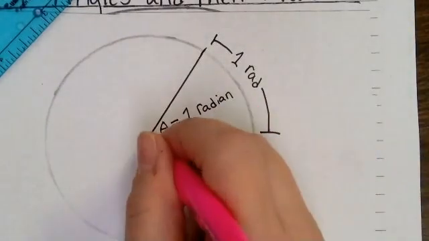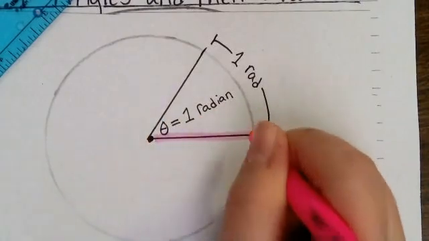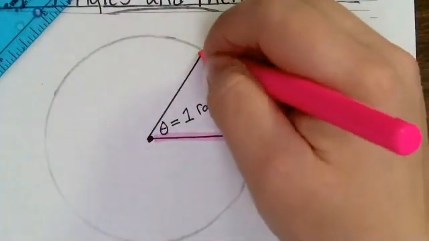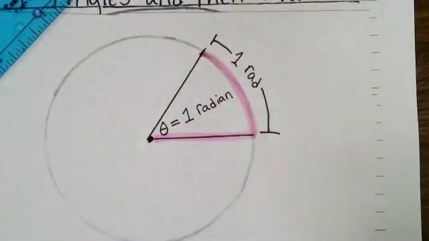Again, what I want you to remember, the length of your radius was the same as my arc right there. They matched. And when that happens, then that angle that's formed is 1 radian. Now, keep in mind, 1 radian is not the same size as 1 degree, right? 1 degree is really itty bitty, teeny tiny. But this 1 radian, pretty large, right?